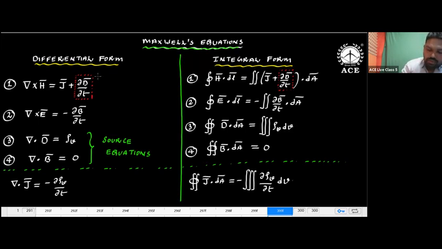And what are these first two equations called? First two equations are called effect equations. Why? Because magnetic field is related to electric field, and electric field is related to magnetic field and vice versa. So these are called effect equations. And there is some special name given for this equation.